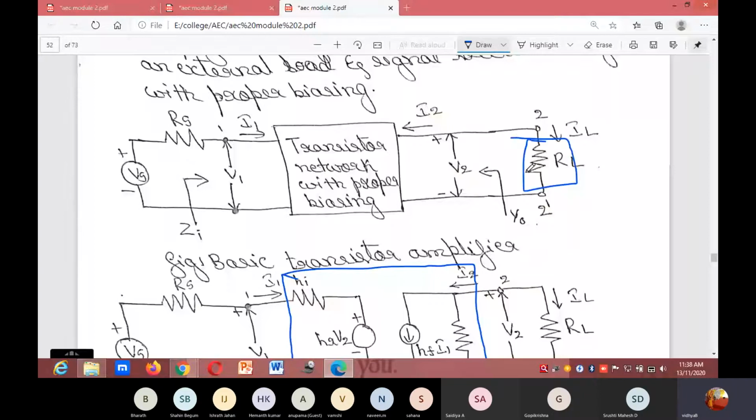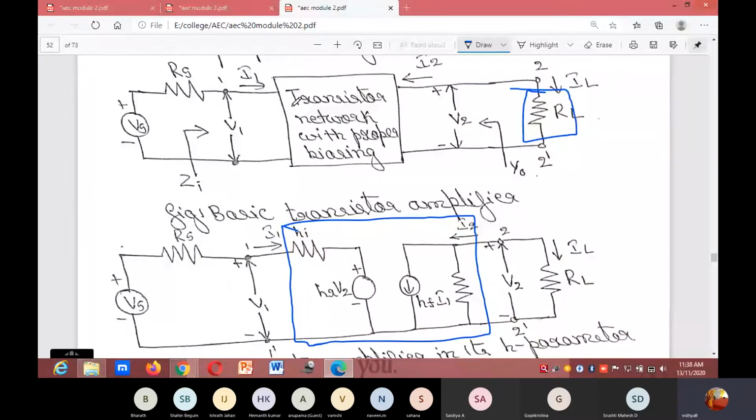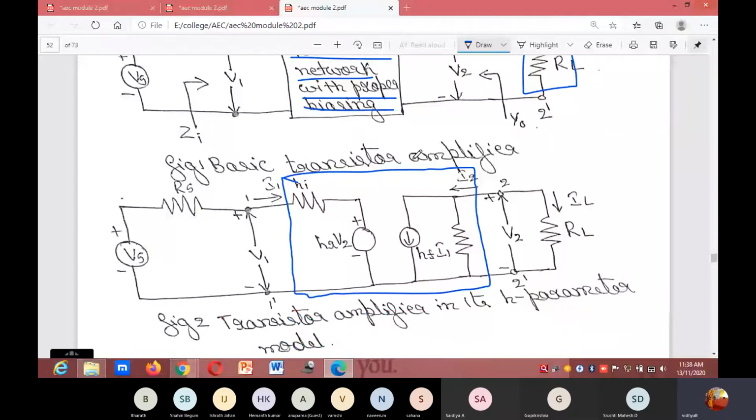In between is the transistor network with biasing. This is the basic transistor amplifier.